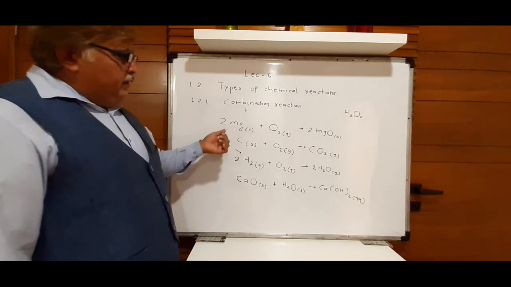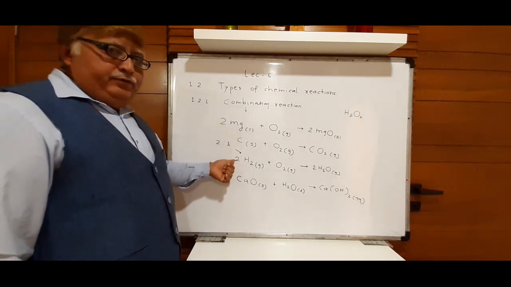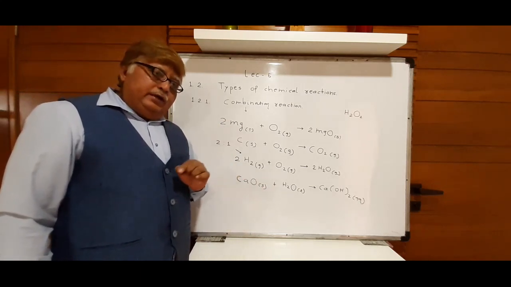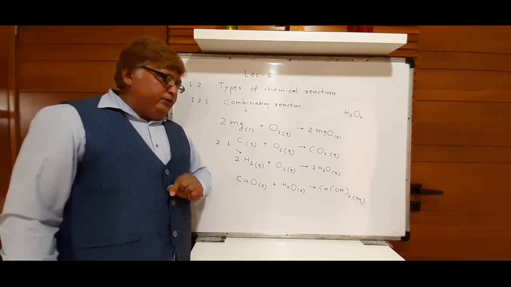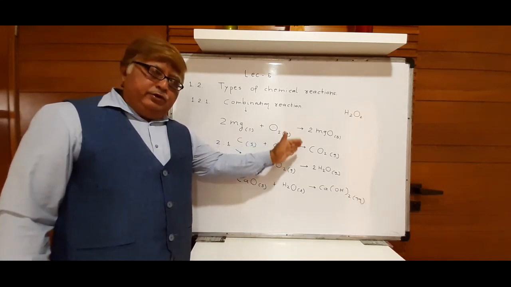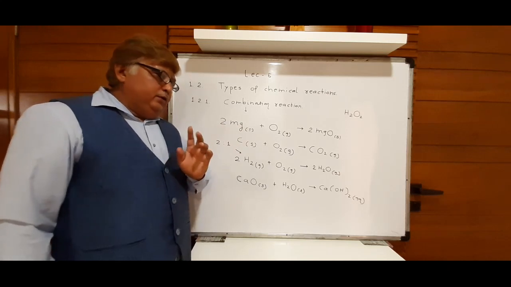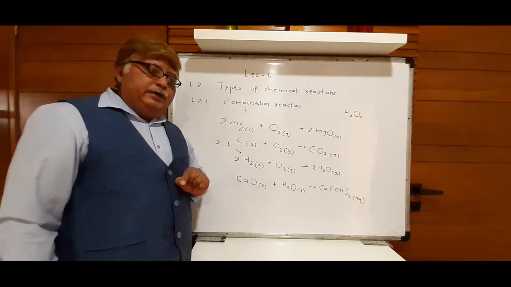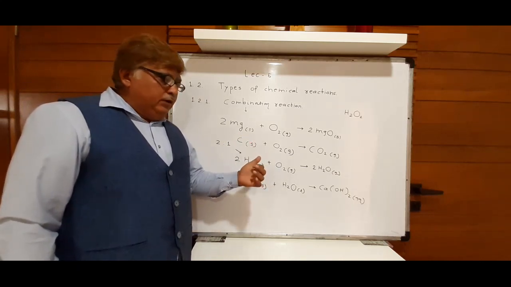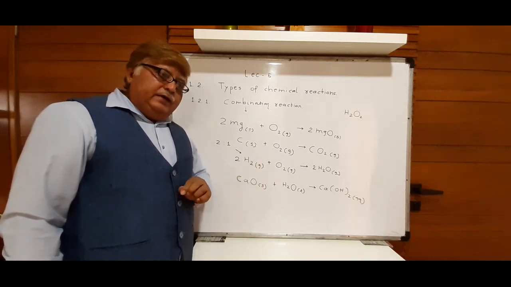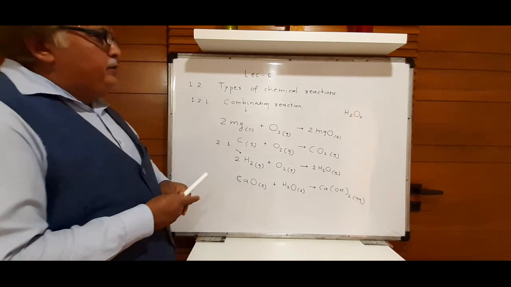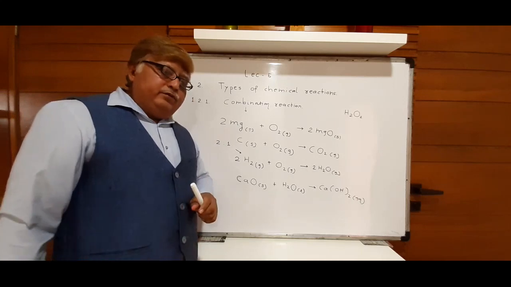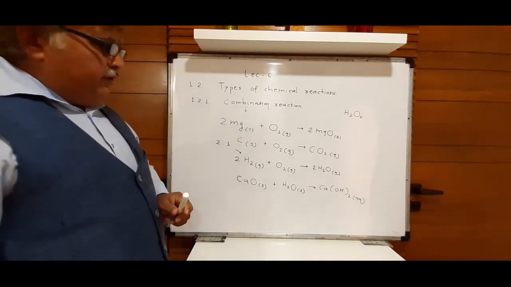It goes like, when two elements or two compounds chemically react with each other and form a new compound, that is known as combination reaction. Okay, my dear students, so the meaning of combination reaction has been, I think, clear in your mind.